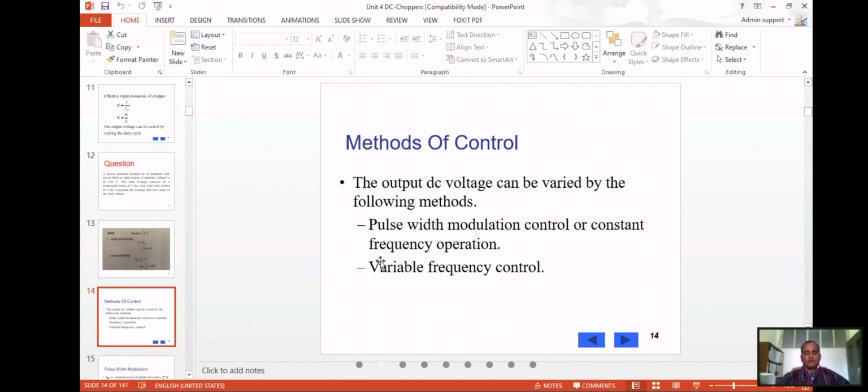Now, if I elaborate a little bit on pulse width modulation, most of the controlling mechanisms use this modulation technique, not amplitude modulation or frequency modulation, but most of the time they use the pulse width of the pulse. The pulse width of the pulse can be controlled.